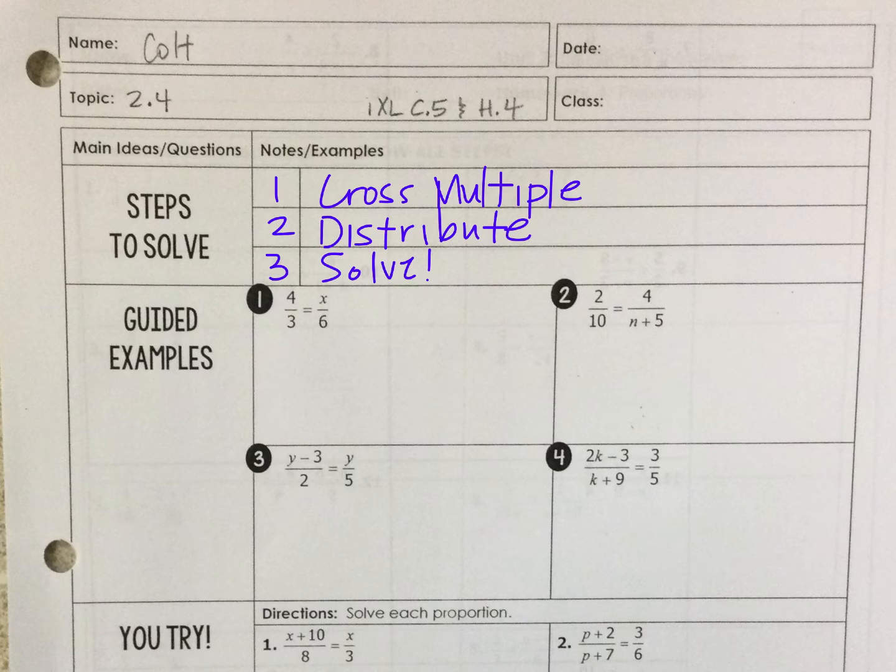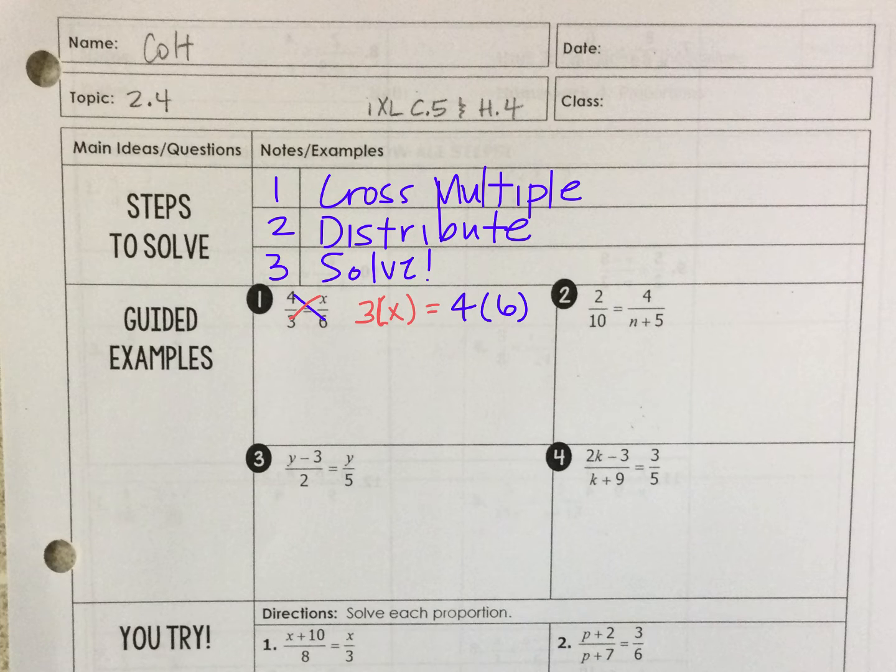So when we cross multiply, it means we make an X, and that's what we multiply. So the red line, see it looks like a times symbol in the middle. The red line connects the 3 to the X, and the purple line connects the 4 to the 6.